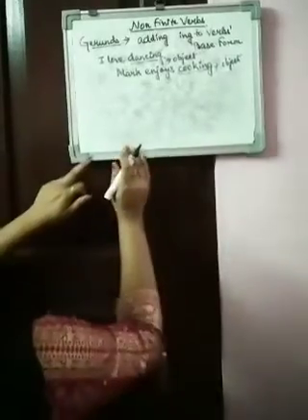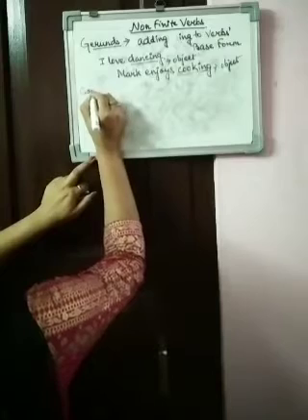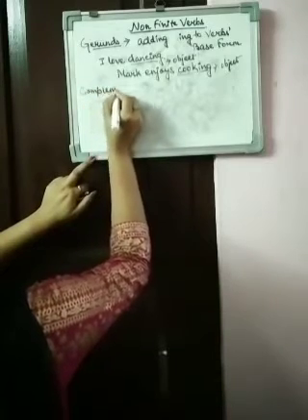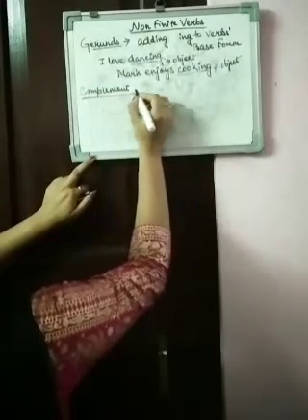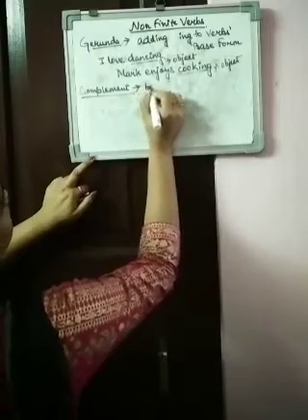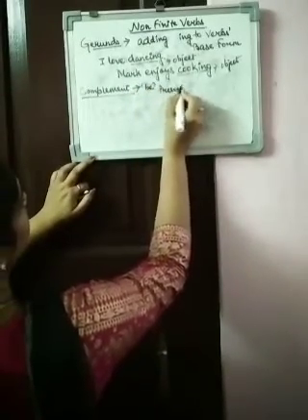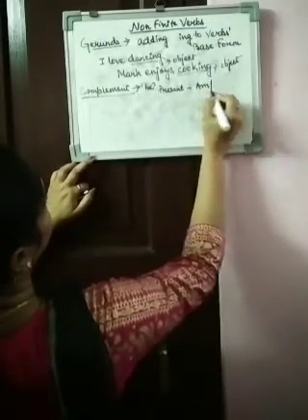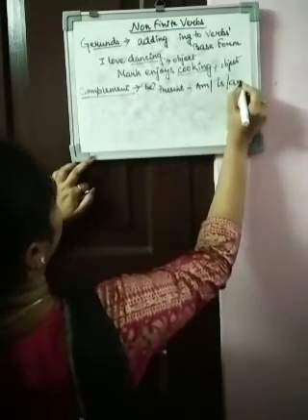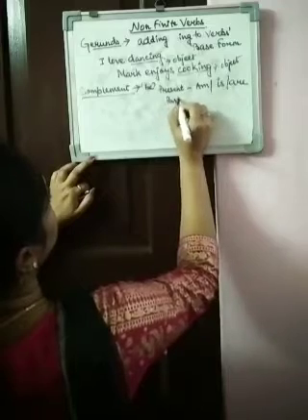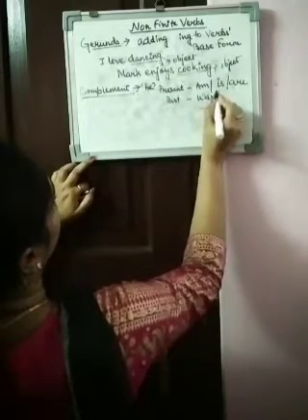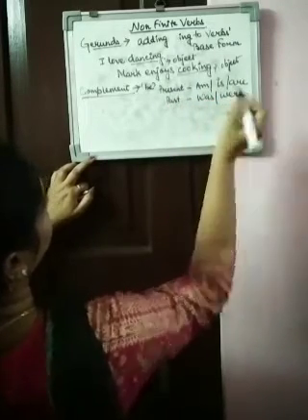So let me write here complement for the be verbs. In case of present tense, they will be am, is, are. For past tense, they will be was or were.